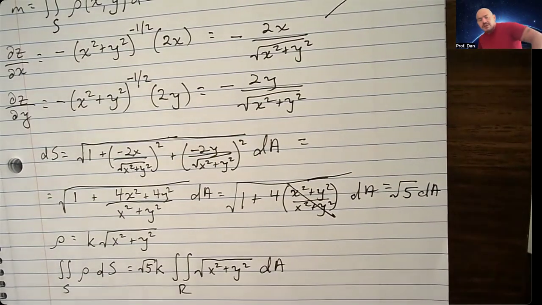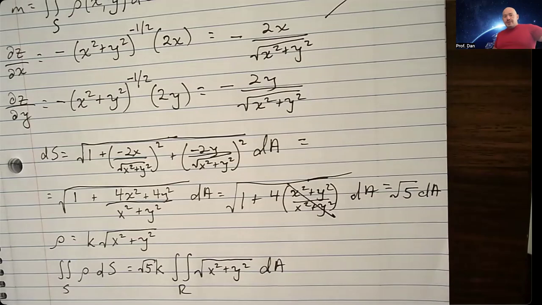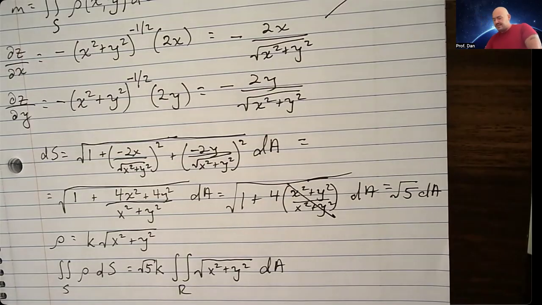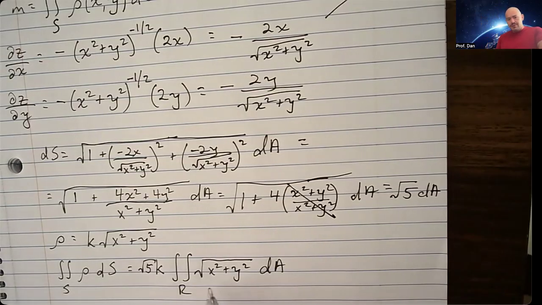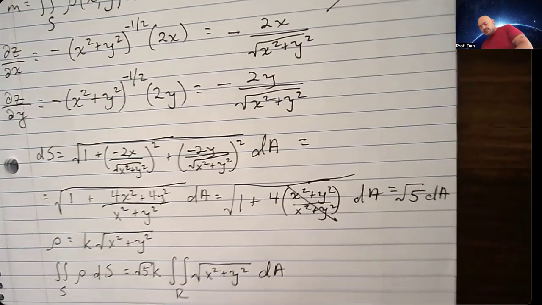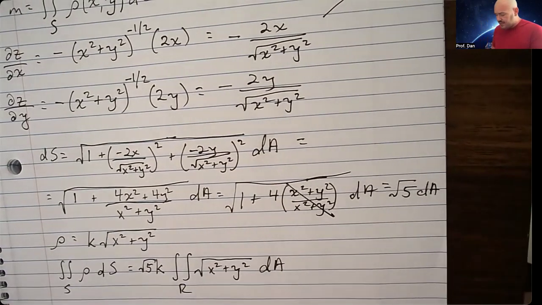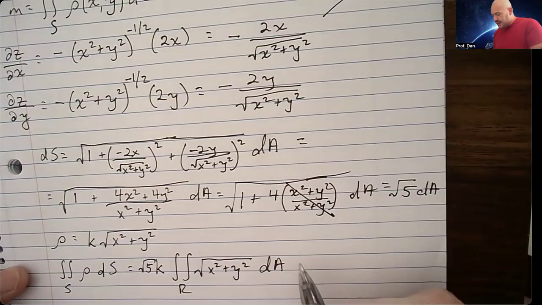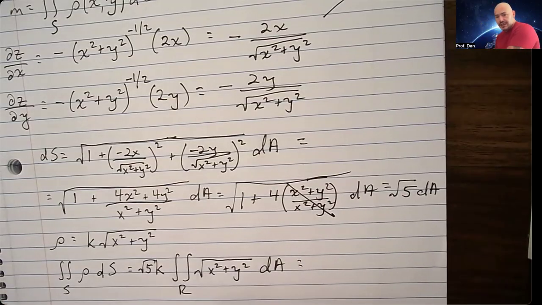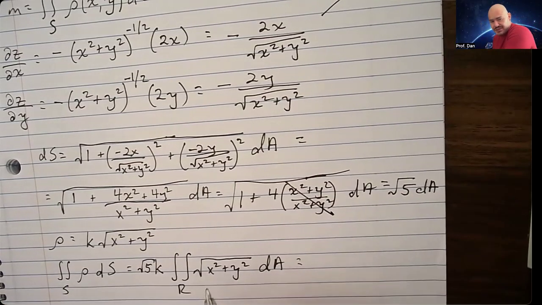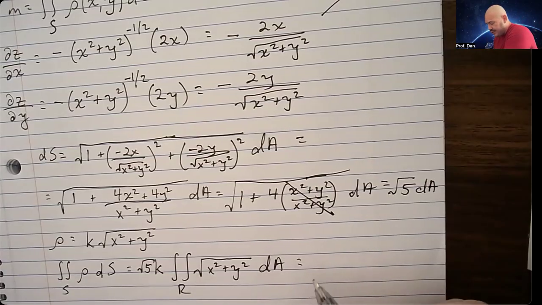All right. So at this point, I can actually do that conversion that I mentioned earlier, where we go into polar coordinates to evaluate this integral. So first thing, how do I rewrite the integrand? We know that the square root of x squared plus y squared is also known as r.